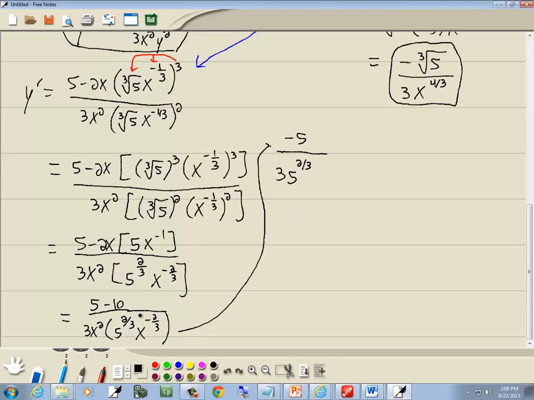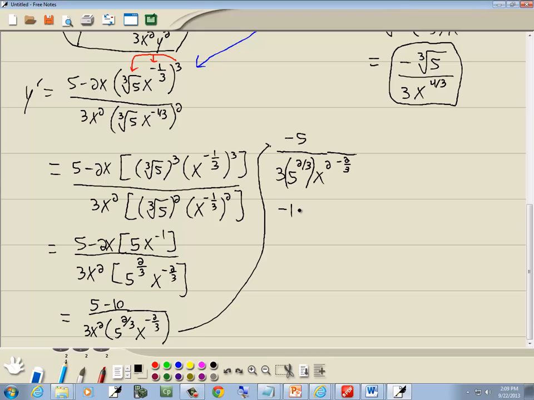There we go. Now here we got x to a power times x to a power. If you got x to a power times x to a power, you add the exponents. So this is going to be 2 minus 2/3. When I say add, that's like 2 plus a negative 2/3. And that should be a times here. There we go. Sorry about that.